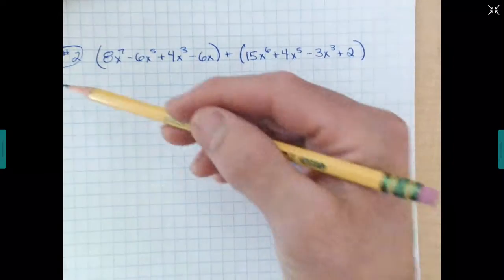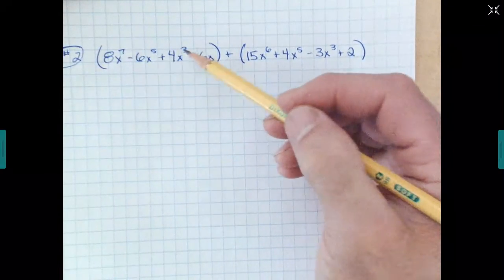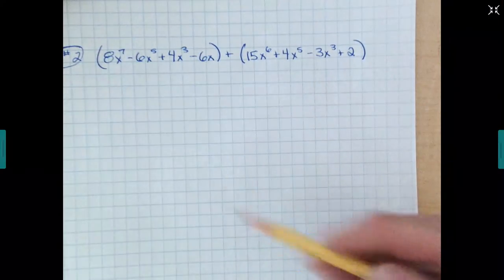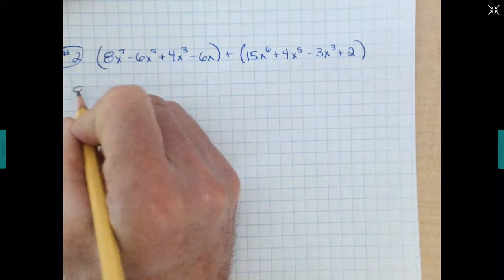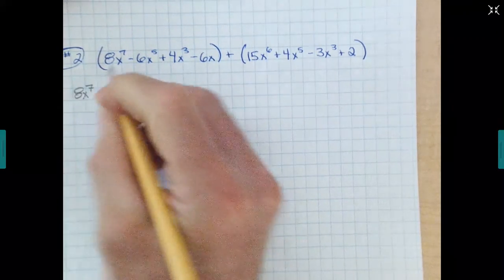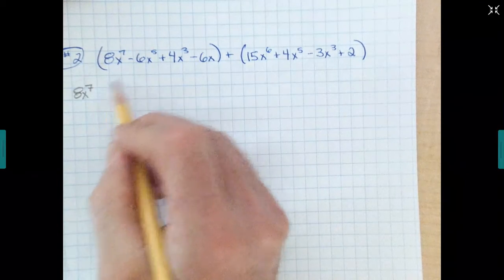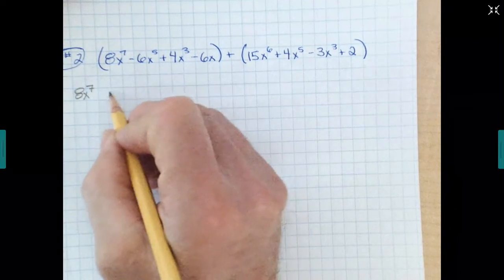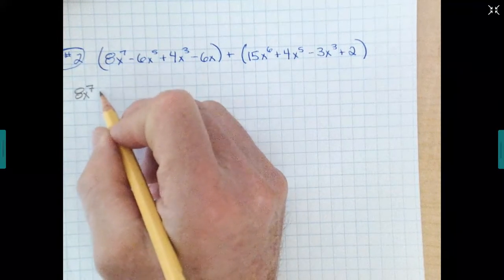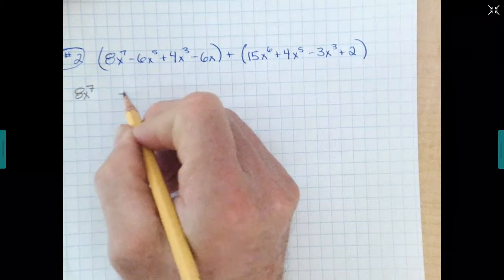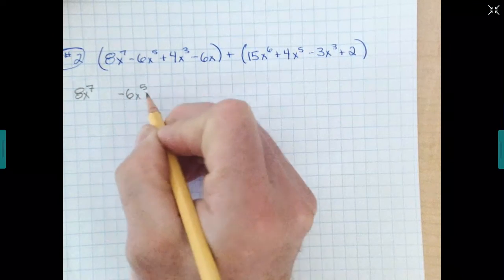So essentially, I'm going to give each exponent its own row. I have 8x to the 7th, and then there's no x to the 6th, so I'm going to skip a row because the 6th is missing, but there's a 5th, so minus 6x to the 5th.